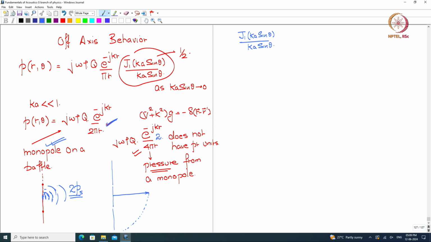This is the 0 position, theta equal to 0. This is my piston, this is the axis of symmetry. So theta takes values from 0 to pi by 2.